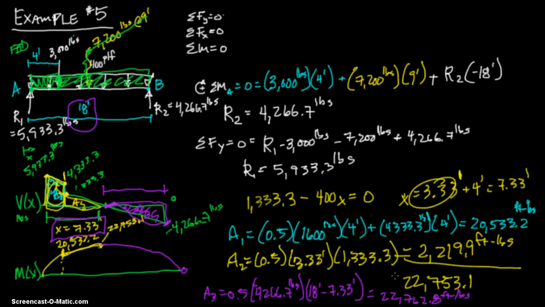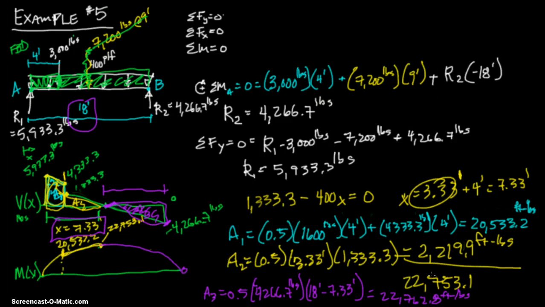foot-pounds. And as you see, we're pretty darn close right here, within 10 foot-pounds, which is quite negligible when you're talking about 20,000 foot-pounds. So we came back to 0, and I'm fine with that. I'm saying, oh yeah, we were close enough. Because if you followed all of these numbers out, and you ended up doing everything perfect, it would come out to where it works out very, very well.